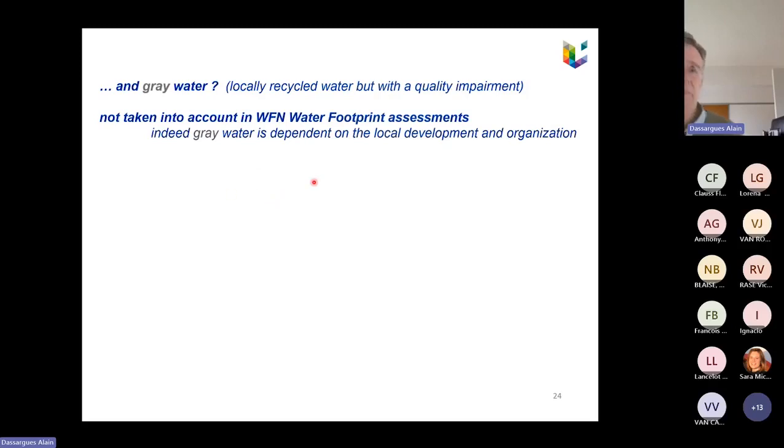So it means that in some countries, the grey water use is not really well organized, and of course it could be expensive also to organize that, as we know, with purification of water that is polluted.